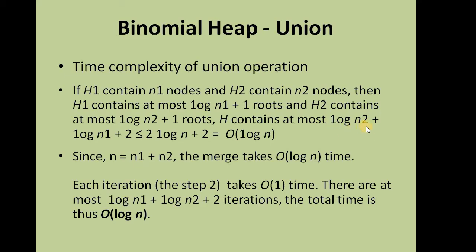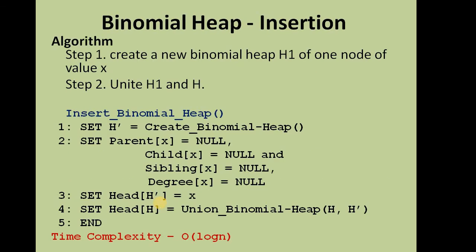If we add these two, log of N1 plus log of N2 plus 2 will always be of the order of log of N. Also, we have seen that the merge operation takes order of log of n time. So the final time complexity of the binomial heap union operation will be order of log of n. Now let's talk about the insertion operation.